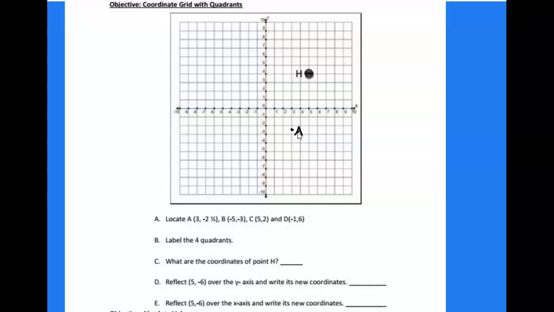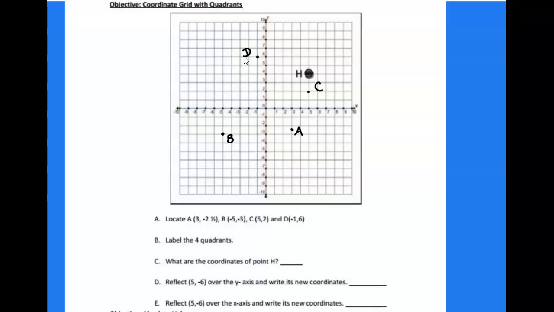I will move to the left first and then down to -3 and put a B. C is at (5, 2). I'm going to the right 5 and up 2. And D is at (-1, 6). I'm going to the left to negative 1 and then up to 6. Again, make sure you are labeling the points.